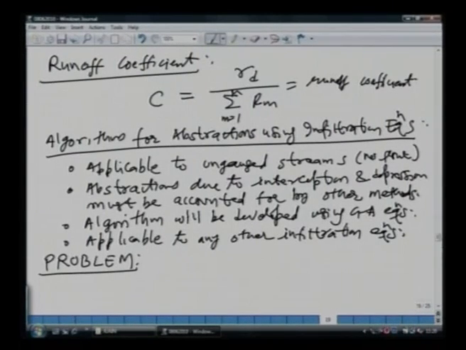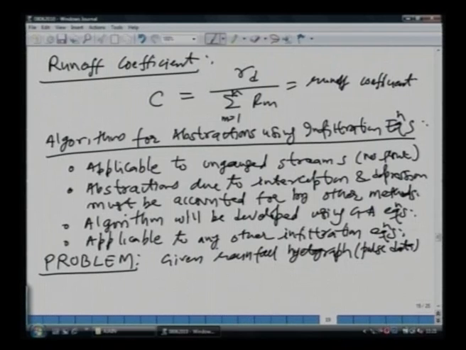Okay. So, what is given to us is the rainfall hyetograph. What do we mean by that? Given the rainfall data in the pulse data representation, which we had seen earlier. That is given to us.